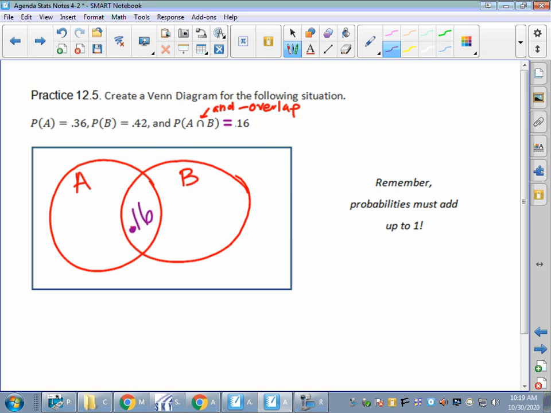So I need to figure out how much goes into the rest of bubble A only, how much goes in the rest of bubble B only, and how much is out here for the rest of the probability so that it all adds up to 1. So fill that in. Let's see how you do.